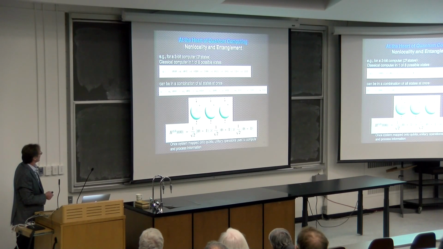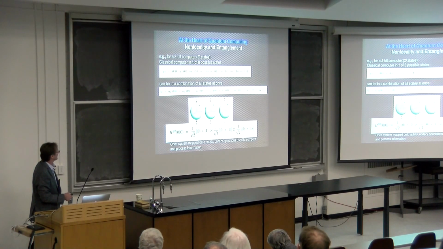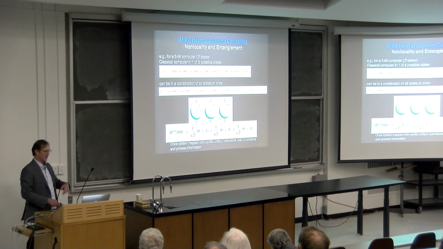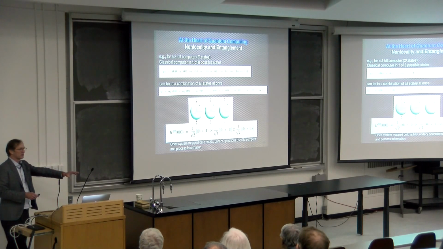The power of a quantum device is you can actually put the device in a linear combination of all of these states at once. And so when you act on it with an operation, you actually can operate on all of these states at the same time. Even though the number of bits is the same, you've actually processed all of these bits at once. So instead of having to do 8 operations, you've done 1 operation, but you've acted on all the possible elements.